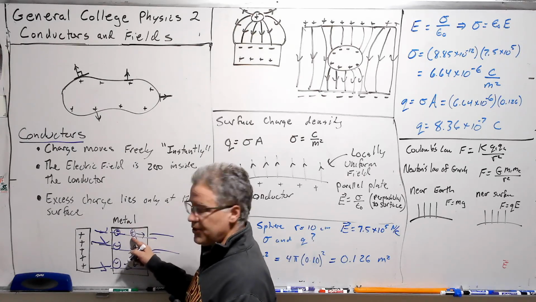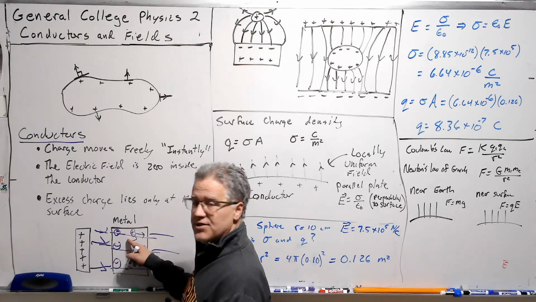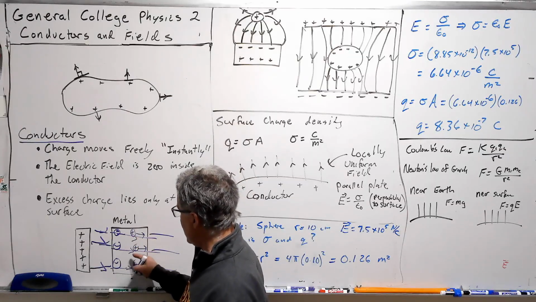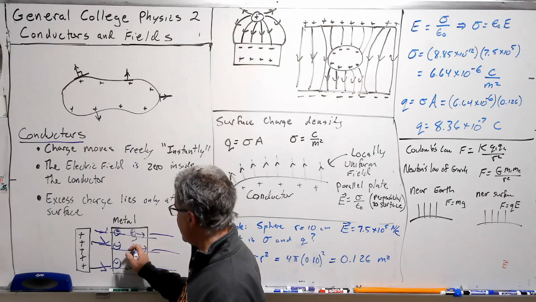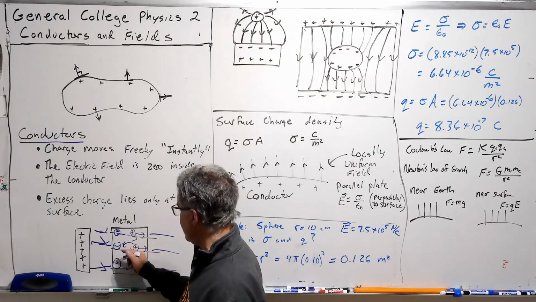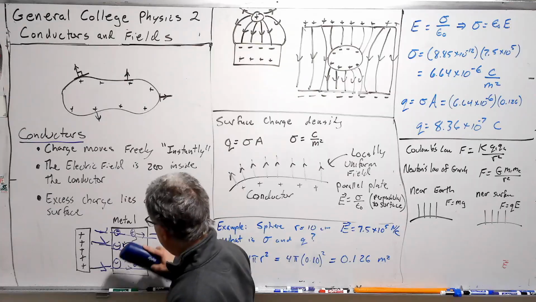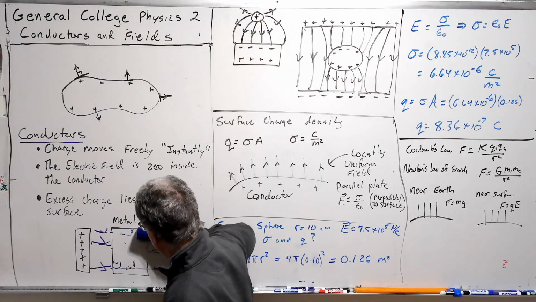And this will continue until there's no propensity to move anymore. As these start to separate, there will be a backwards attraction between them, such that, let me draw this now.